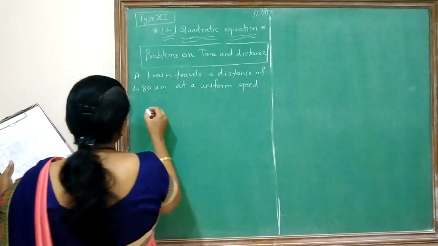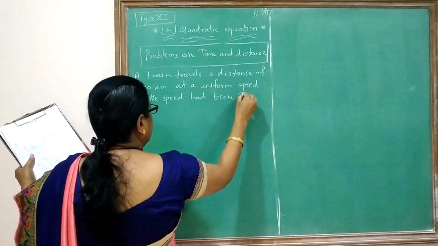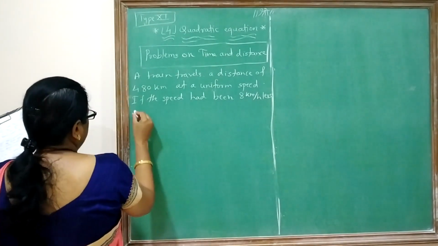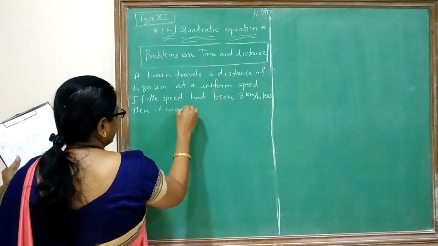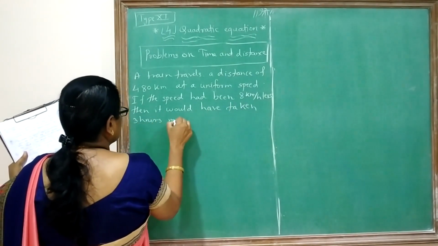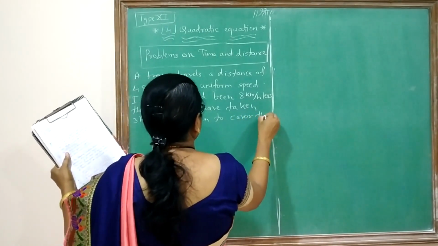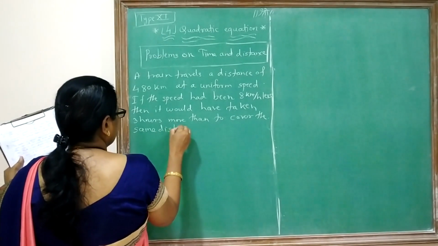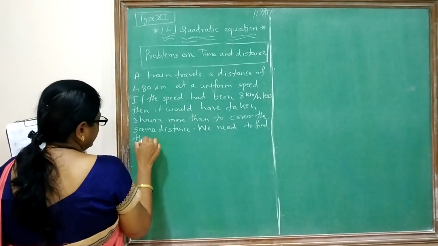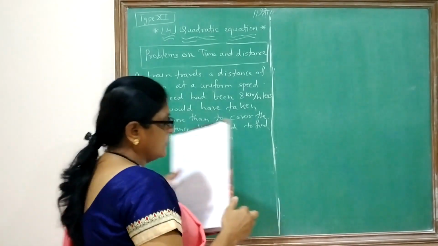If the speed had been 8 kilometer per hour less, then it would have taken 3 hours more to cover the same distance. We need to find the speed of the train.